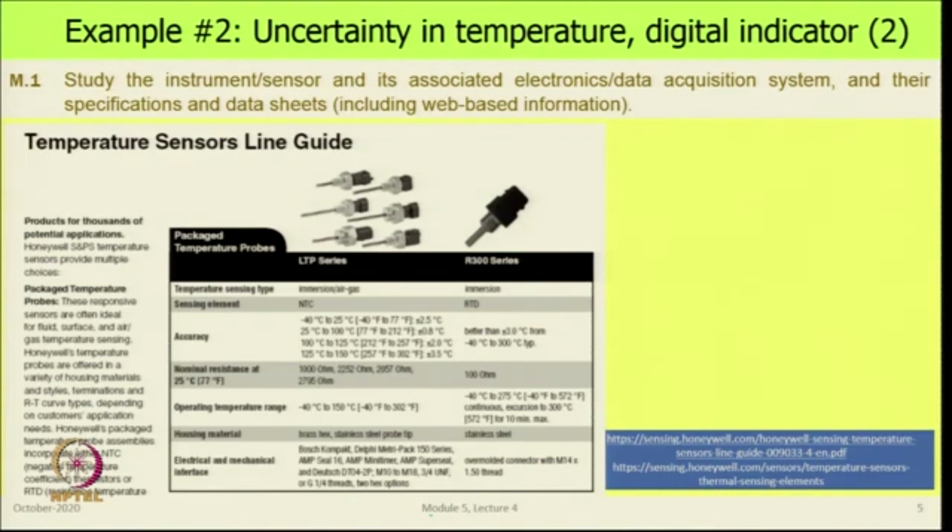If you go to the web and start asking what types of sensors are available, what types of indicators I can have, and what other permutations and combinations are there, you will get a very large number of options, and then you have to decide how to go forward. The first thing is, let us get the information, and here I have displayed some samples of what you would expect to see.